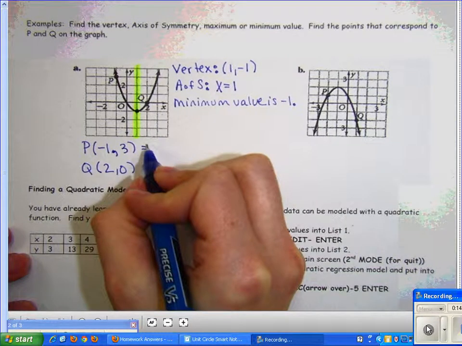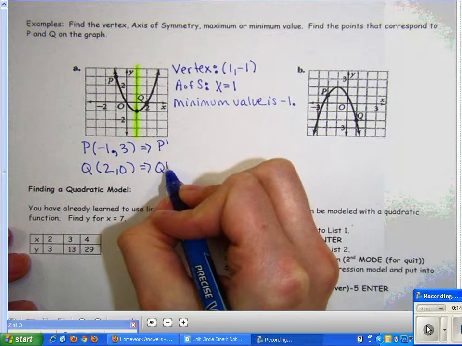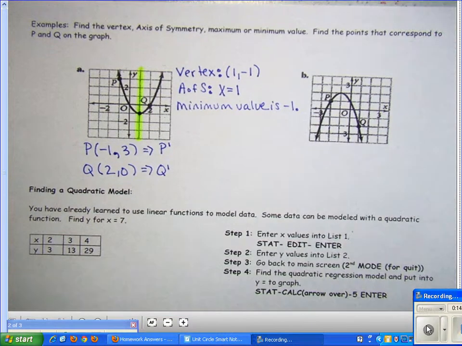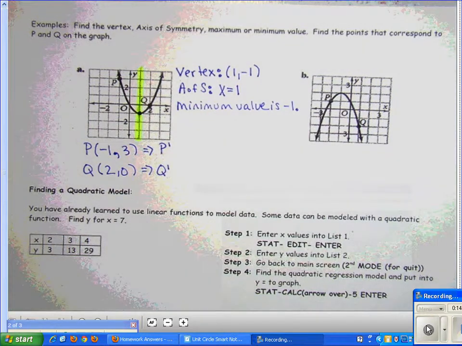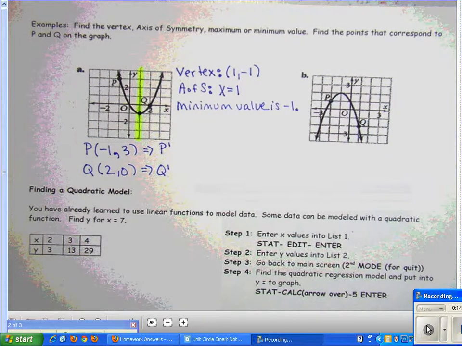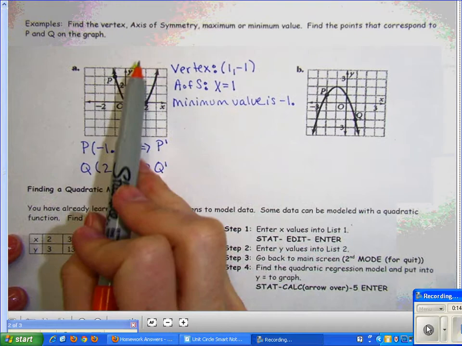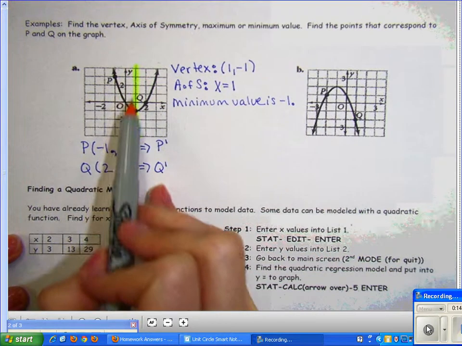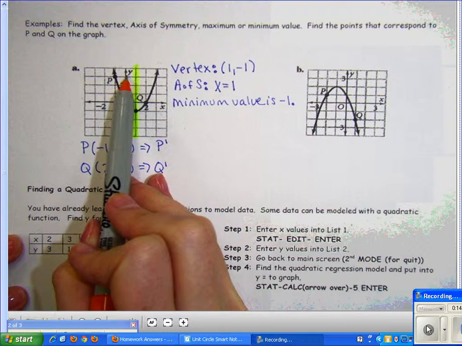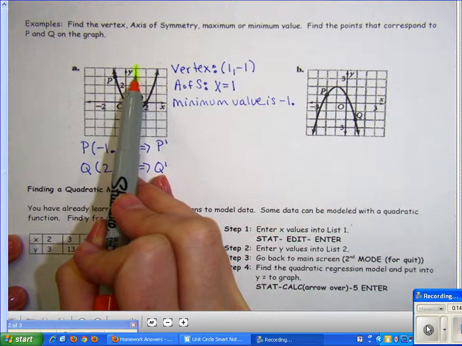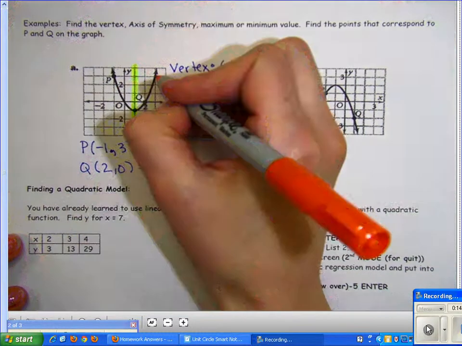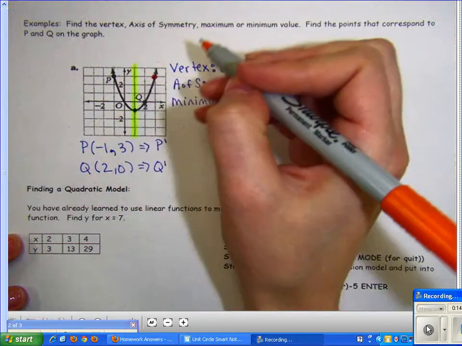Now for the corresponding points, we always label those P prime and Q prime so we can differentiate between the two. So now if I look at P first, remember the corresponding point would be when you fold your parabola in half, it matches up on the other side. So this is why I always draw on the axis of symmetry, because then I can just count. This is 1, 2 away from my axis of symmetry on this side, so 1, 2 away on this side would be this point right here corresponds.